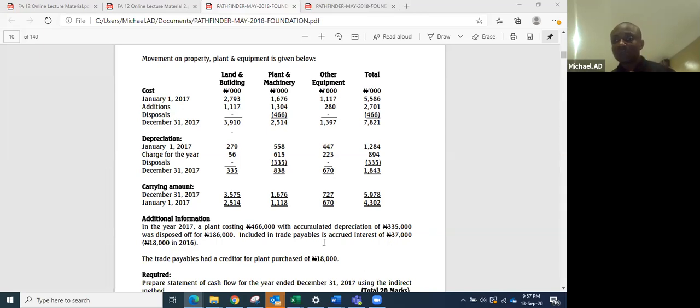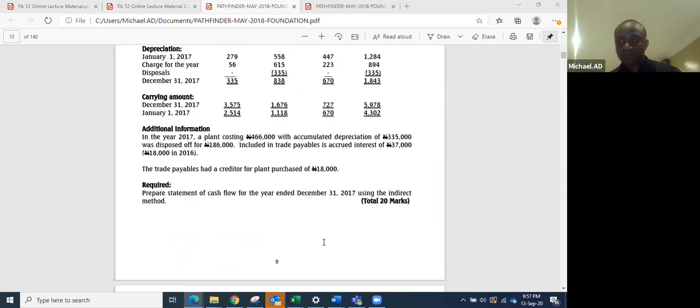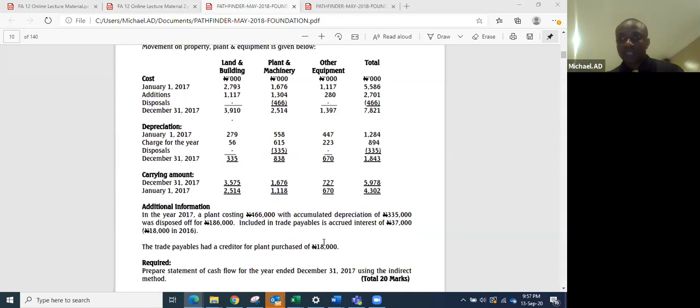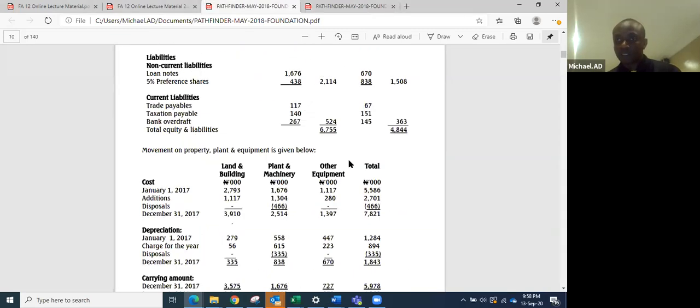Our trade payable was 18,000, but at the end of the day, we have 37,000 as our closing balance. So remember this 18,000 as our opening balance. Charge for the year is 559. Do you still remember the 559?